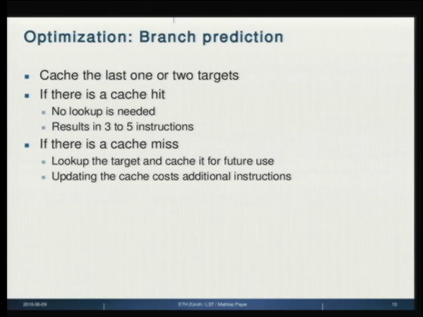If we have a cache miss, we look the target up in the code cache, we fix the location, and we update the local cache. This results in 3 to 5 instructions if we have a cache hit, and a couple of more instructions if we have a cache miss. This optimization works pretty well if we have a very low change rate of these indirect control flow targets and a limited set of targets.